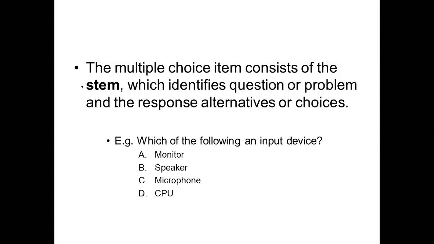So what I was trying to talk about is that a multiple choice item consists of a stem. The question itself is what is known as a stem, when you prepare that particular question, a stem which identifies the question or the problem, and the responses alternatively.